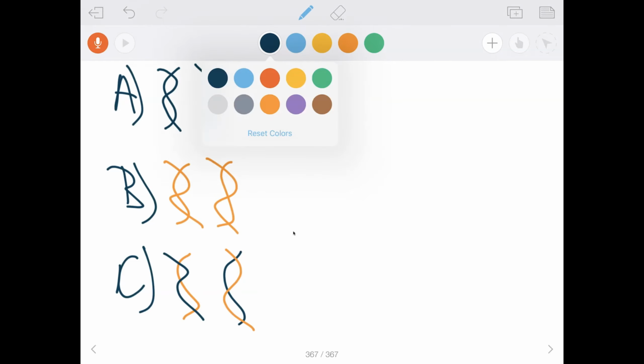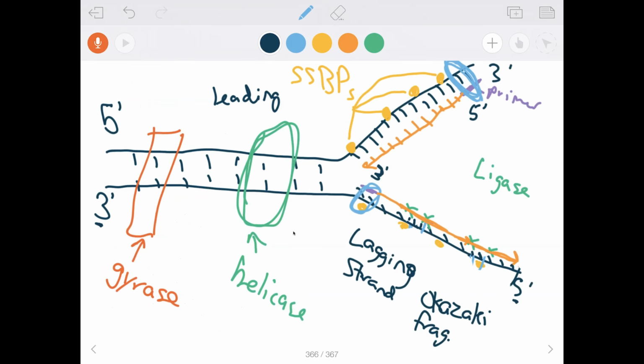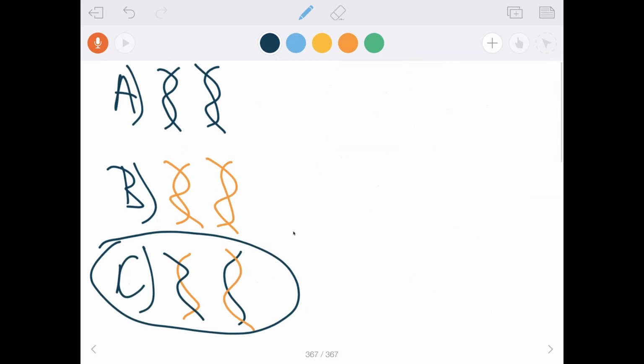Hopefully, you selected C. Because remember, we're using one original strand, and we are building a new strand to go with it. Same thing here. Original strand, new strand. So what it actually looks like is this.